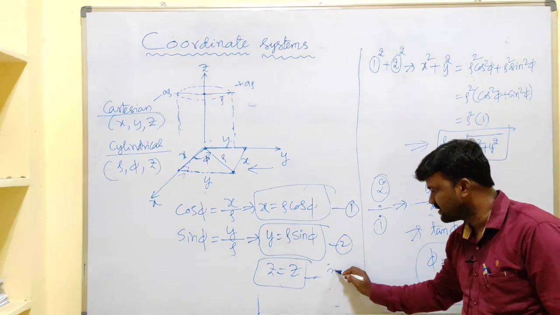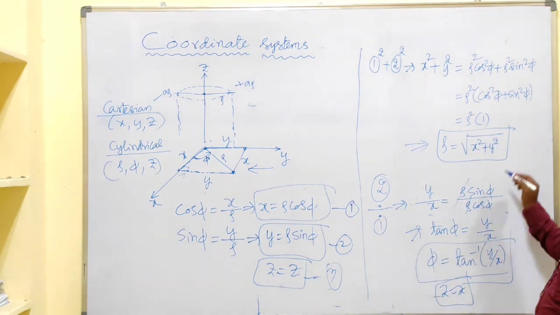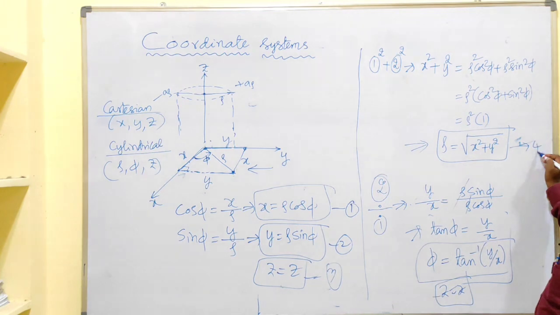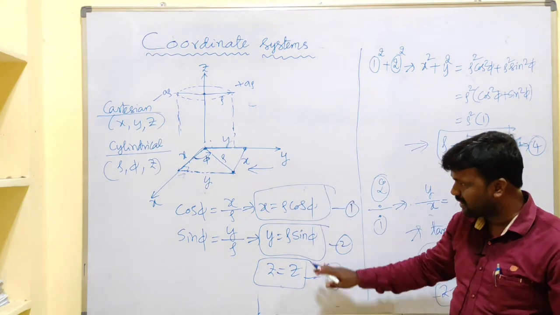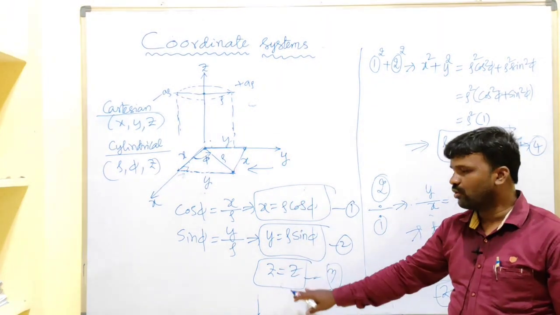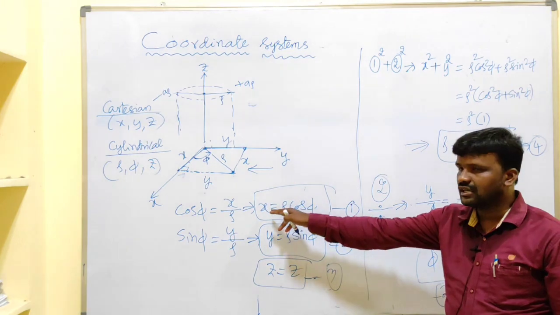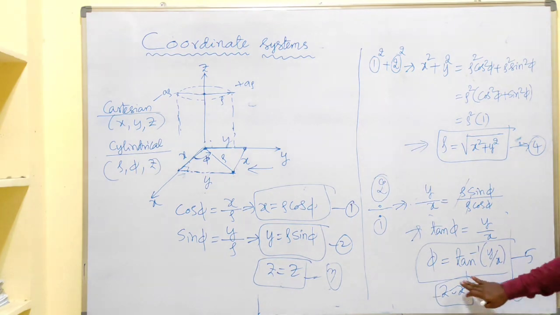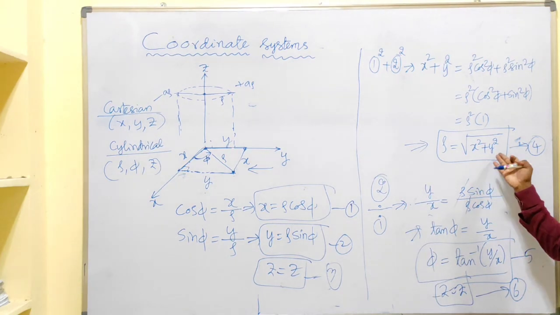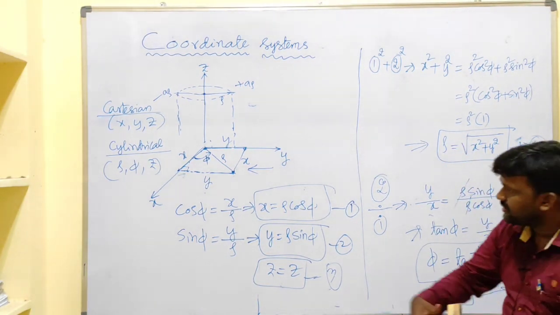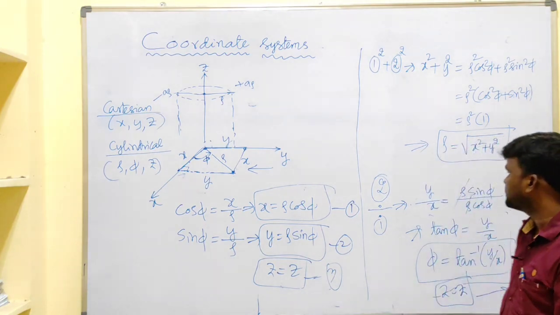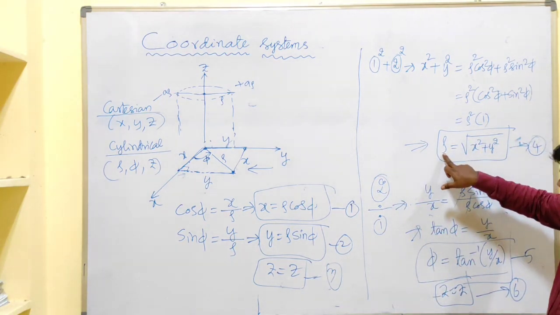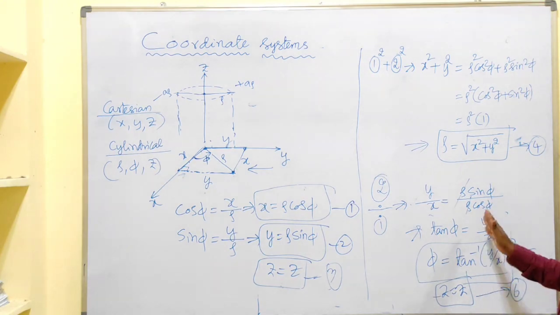Let us say these are equations 1, 2, 3, and this is equation 4, equation 5, equation 6. Equations 1, 2, 3 represent x, y, z in terms of rho, pi, z, that is Cartesian elements in terms of cylindrical elements. Equations 4, 5, 6 represent cylindrical elements in terms of Cartesian elements.